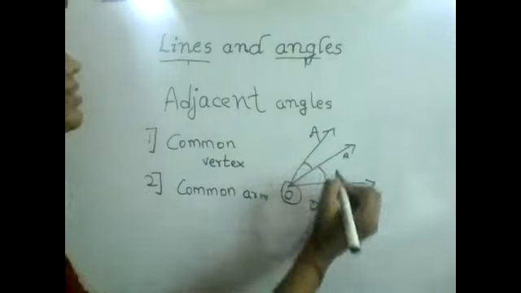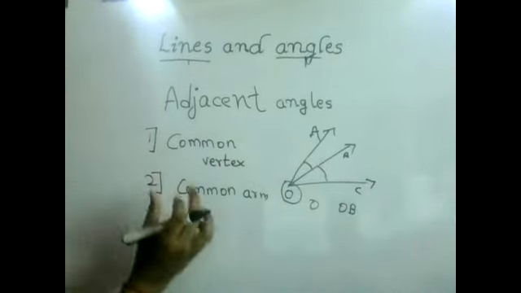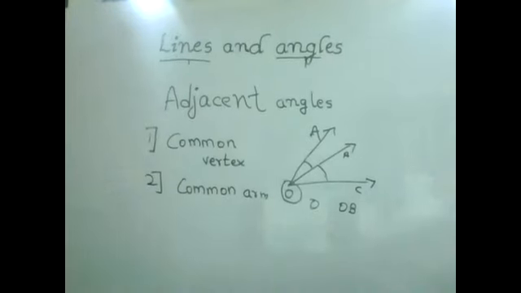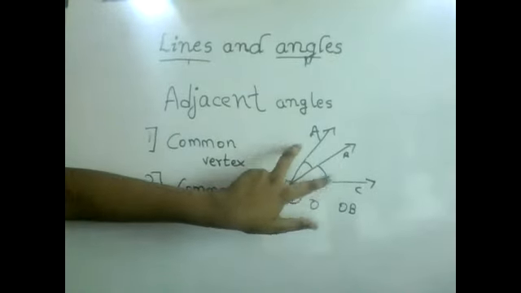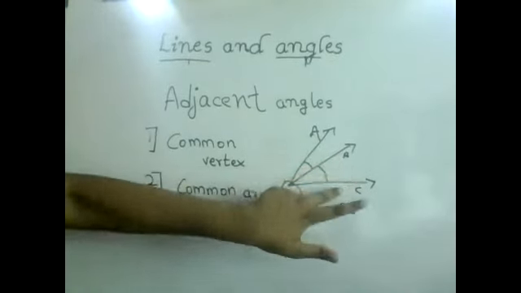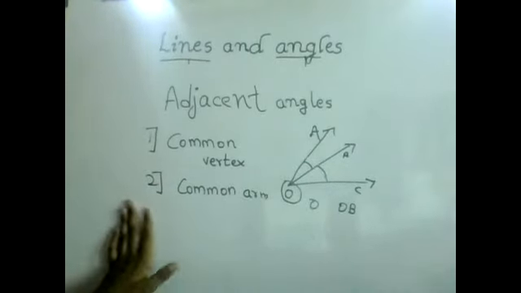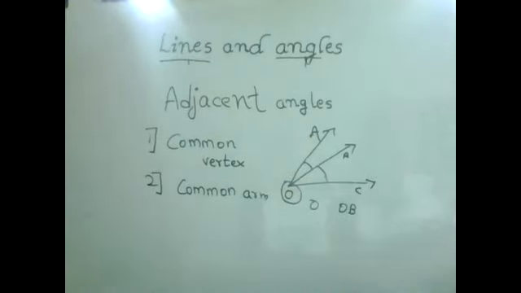See, OB is the common arm. The third rule is that the two non-common arms should be on either side of the common arm. If all these conditions are satisfied, then we can say the pair of angles are adjacent angles.